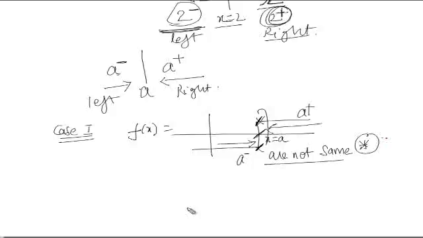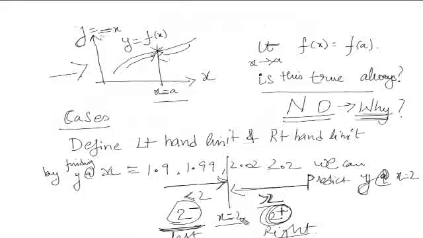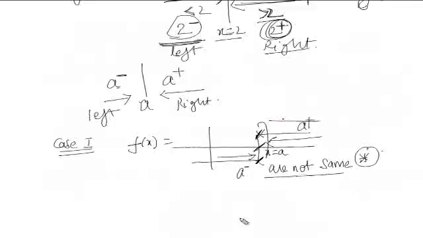In the earlier example, the values when I travel from this side and this side meet at the same point, whereas in this example, I hit different values. Okay. Now let us keep this as an observation and go and see case 2. Let me take a function g of x, which is defined like this.